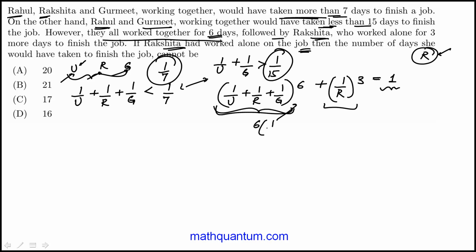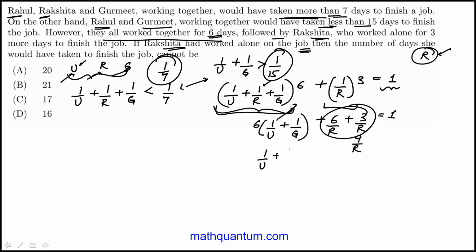So 6 times 1 over U plus 1 over G, I'm kind of pulling that out, plus 6 over R plus 3 over R equals 1. So this becomes 9 over R. So 1 over U plus 1 over G is 1 minus 9 over R times 1/6, because that 6 would go in the denominator.